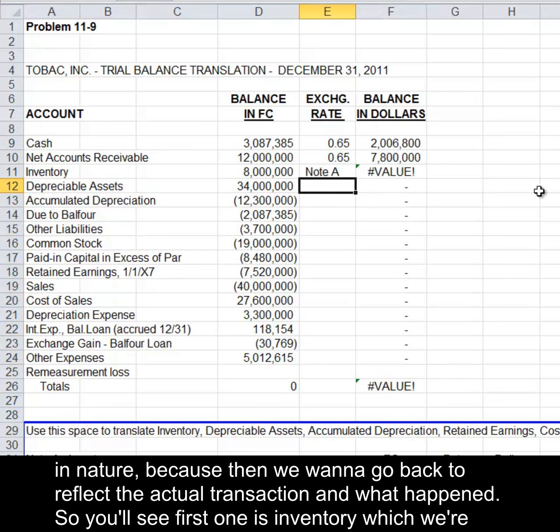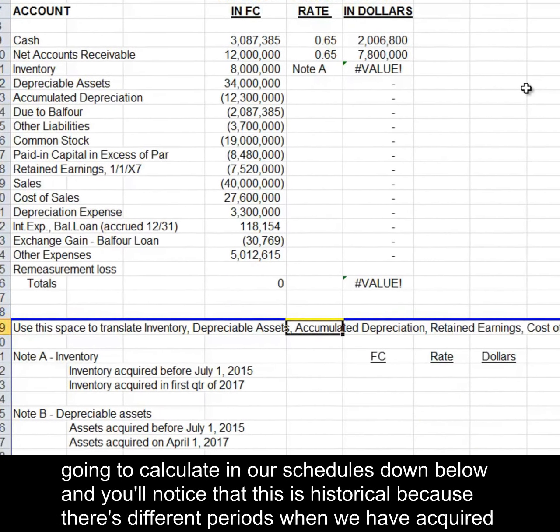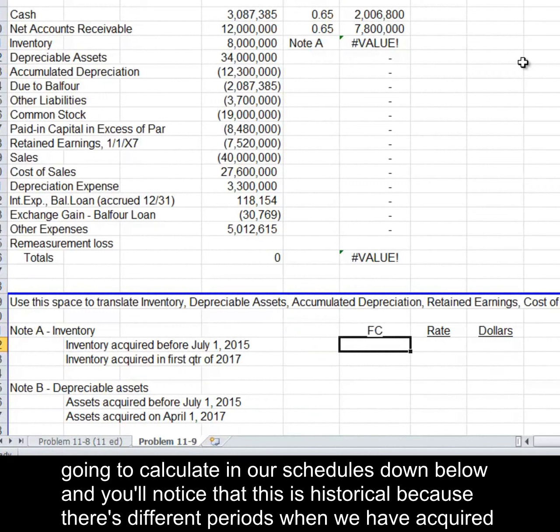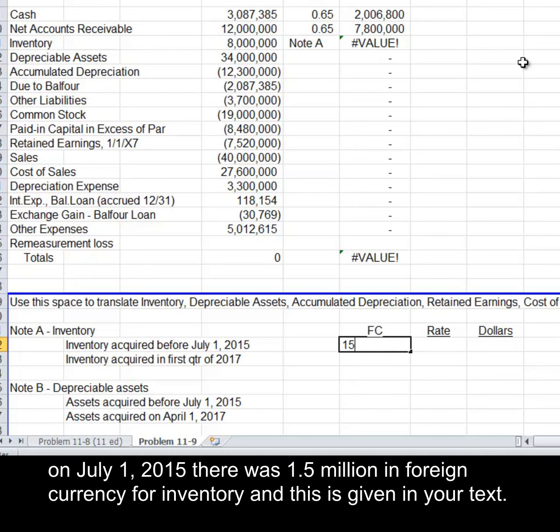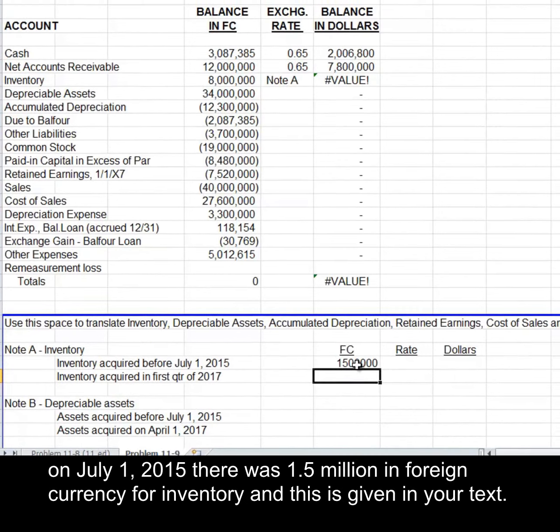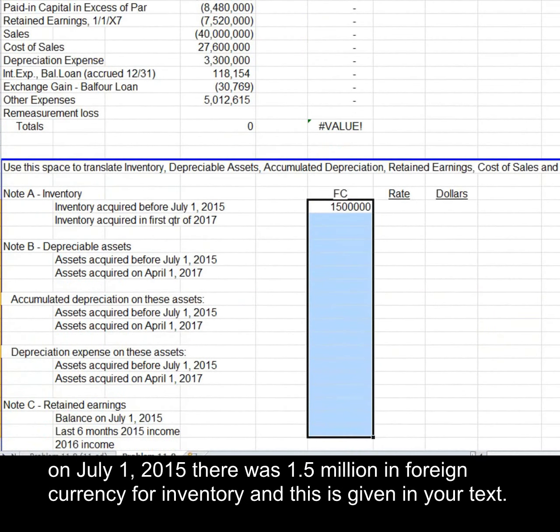So you'll see the first one is inventory, which we're going to calculate in our schedules down below. And you'll notice that this is historical because there's different periods when we have acquired the inventory under LIFO. And again, if you go back to the text and look for the information, you'll see that prior to our acquiring it on July 1st, 2015, there was 1.5 million in foreign currency for inventory.